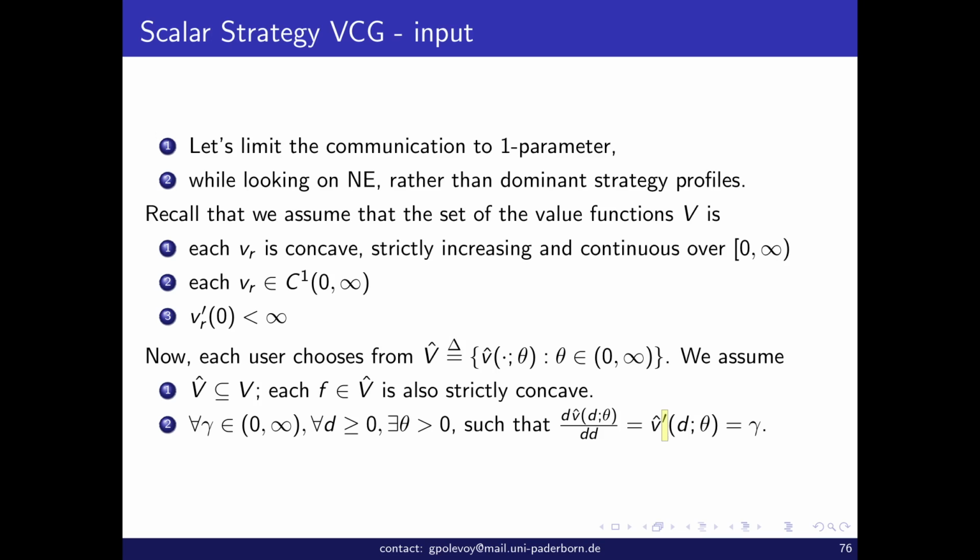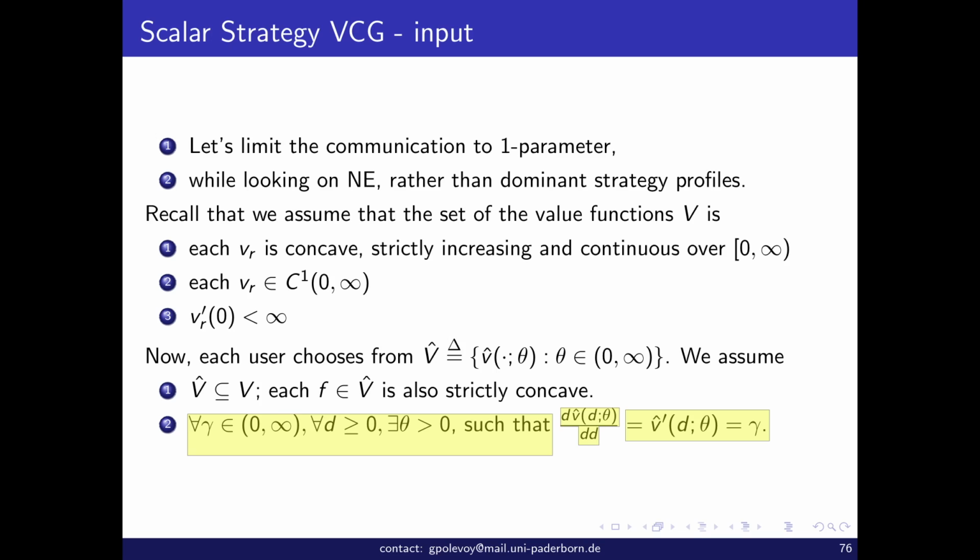So again, these are the functions we are going to give to the VCG. Inspired by VCG, it is not VCG, it's called Scalar Strategy VCG. These functions are inside V, also strictly concave, and also have this requirement of the derivative obtaining anything we want. We need in the future to be able to tell, okay, I want a function whose derivative at this point is exactly that.